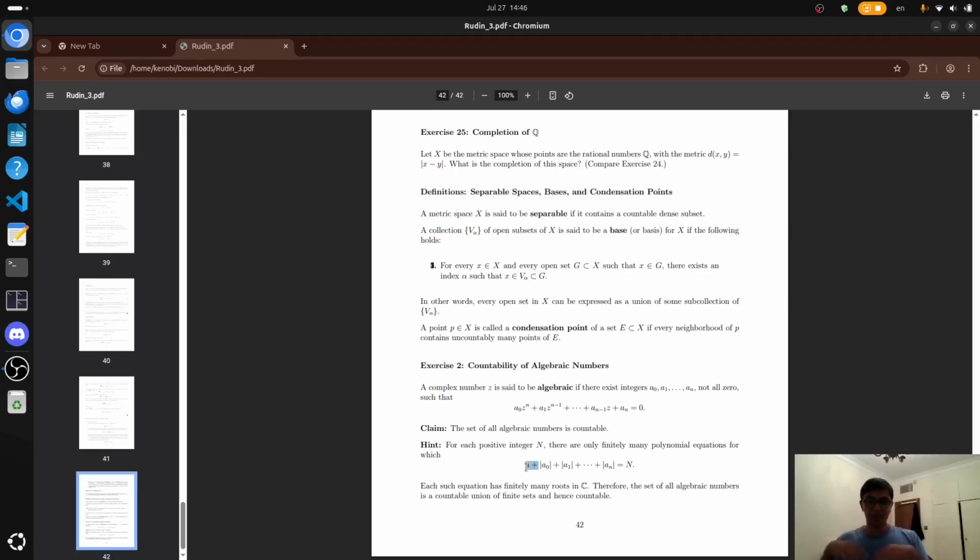For each of these equations, you're describing every possible algebraic number, and you can count all these equations, so you can count all the algebraic numbers. That's how the proof goes.